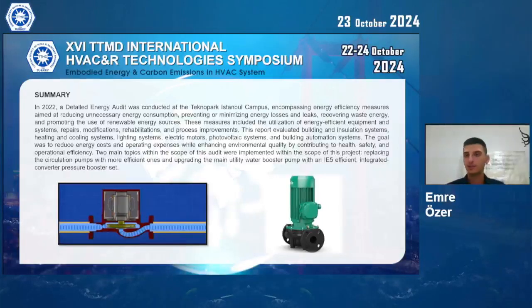So in this project, we are going to examine 2 of these options, which are replacement of the circulation pumps and upgrading the main utility water booster pump with higher efficiency class.